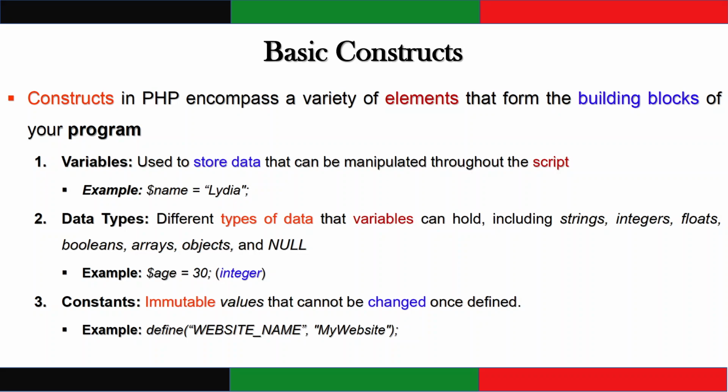Right. So let's just go briefly through this one again. Constructs in PHP, or what I normally call the building blocks in PHP. One is the variables. If you have ever been introduced to a programming language like Java or C++, you already know what variables are. You could think of it just as a container where you keep your data or your information.